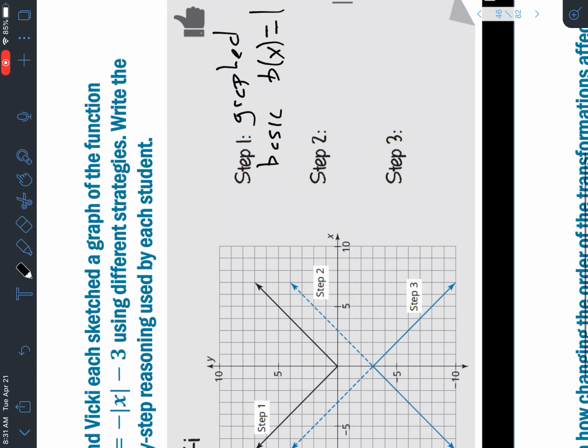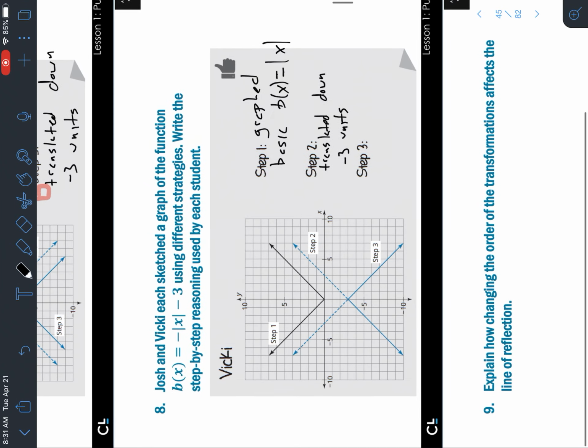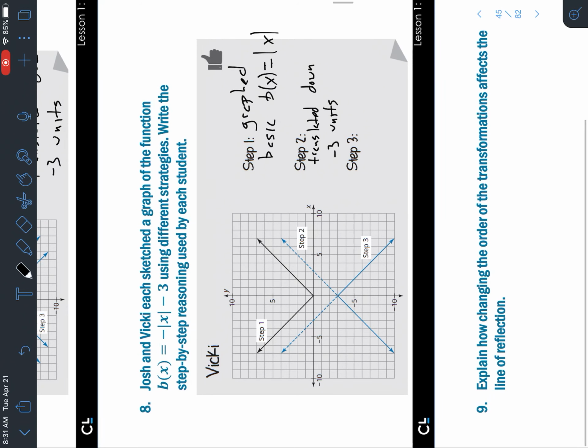She translated down 3 units. So she did step 2 just as Josh's step 3, which is fine, that works too.